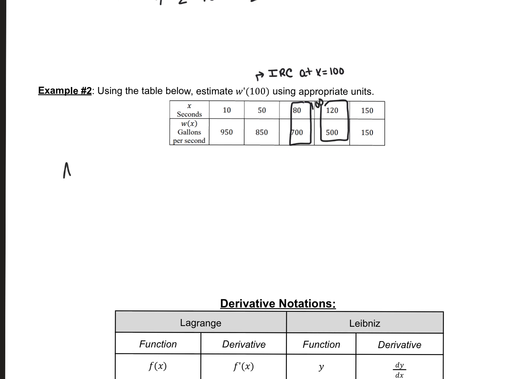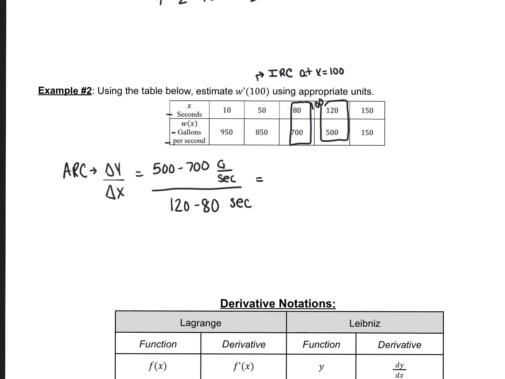We're going to find the average rate of change between those values, which is change in y over change in x. The y values are 500 minus 700, and that is in gallons per second, all over the x values, 120 minus 80, and that value is in seconds.